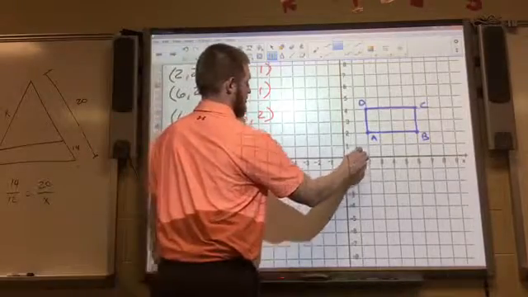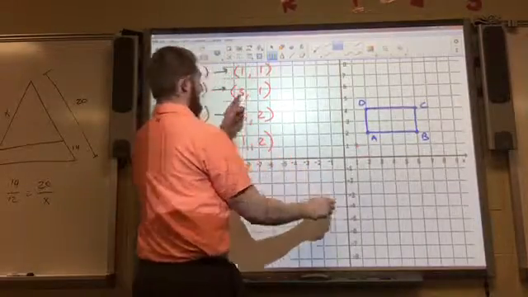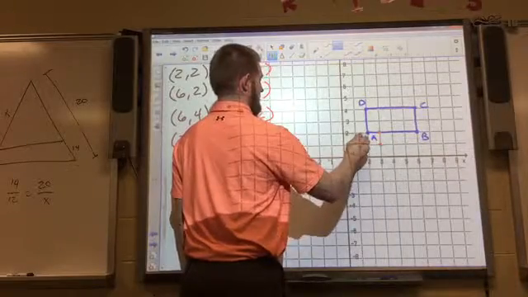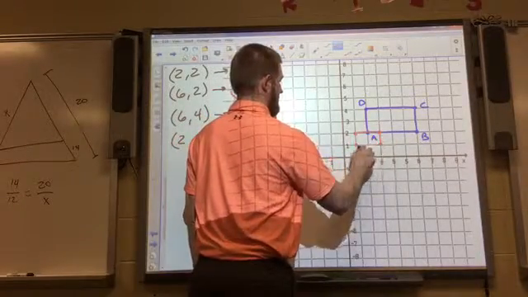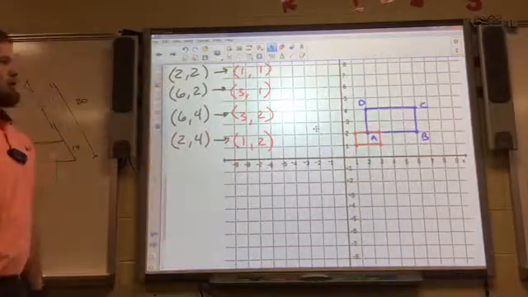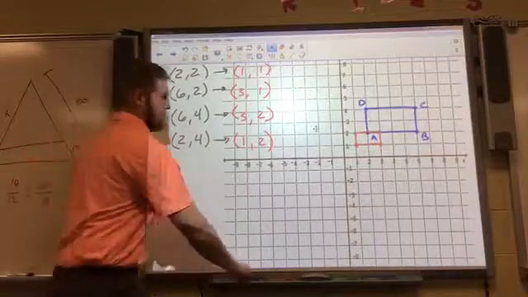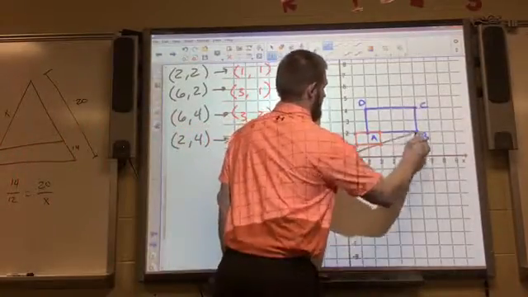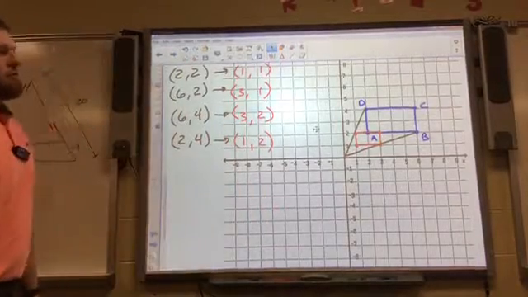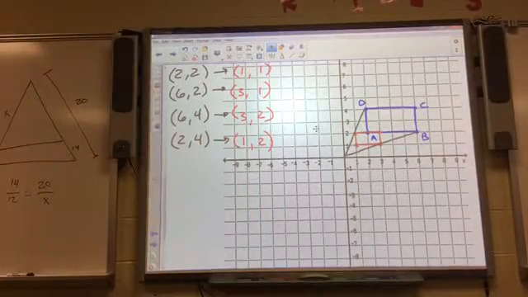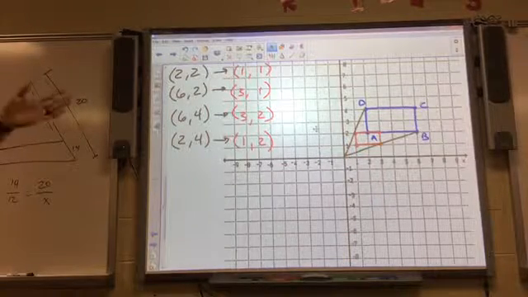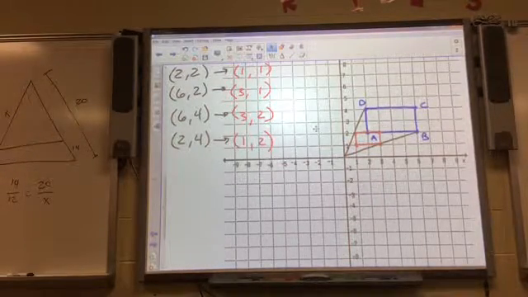Plot my points. 1, 1. 3, 1. 3, 2. 1, 2. And I have my reduction. If I wanted to go ahead and draw these in here, they should meet both those same vertices. Yeah, just make sure your coordinates are somewhere. Okay.